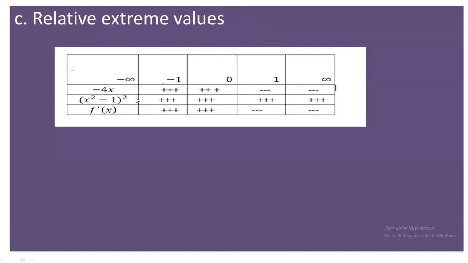So here the case, minus 4x is here, and x squared minus 1 the whole squared is here. Your first derivative is also written here. So minus 4x gets 0 when x is 0. X squared minus 1 the whole square gets 0 when x is either minus 1 or positive 1. So as you see, minus 4x is going to be positive because you are going to use negative values from 0 to the left.